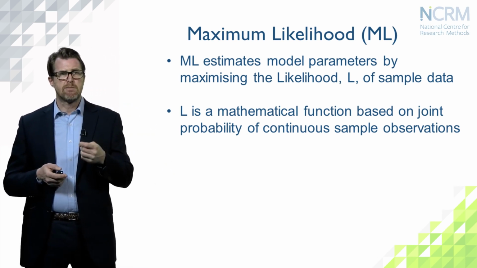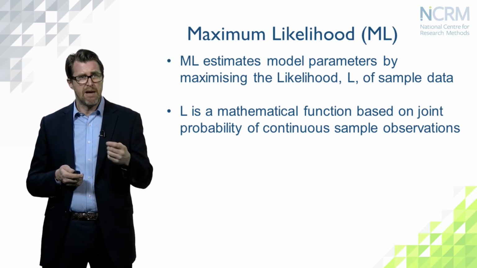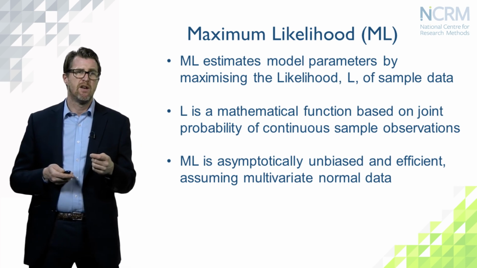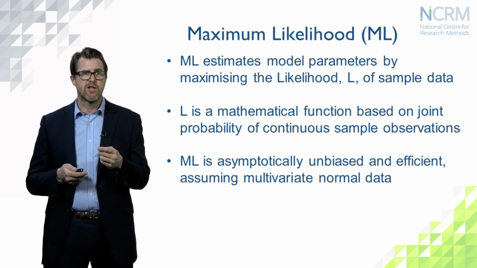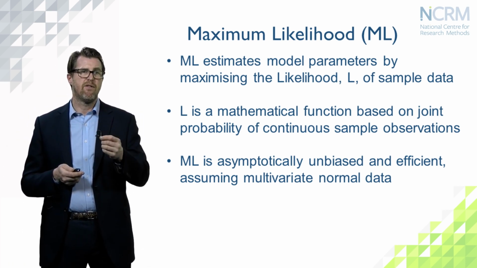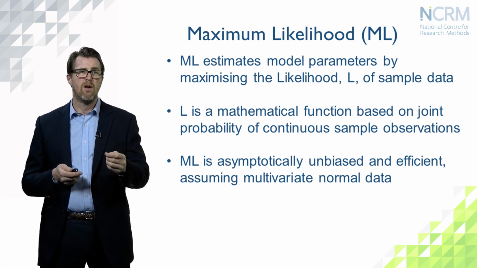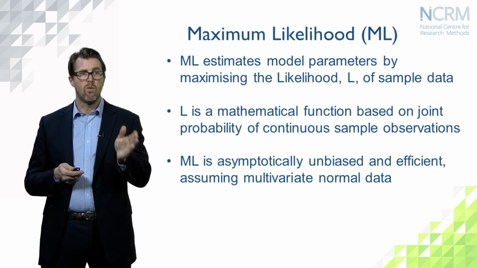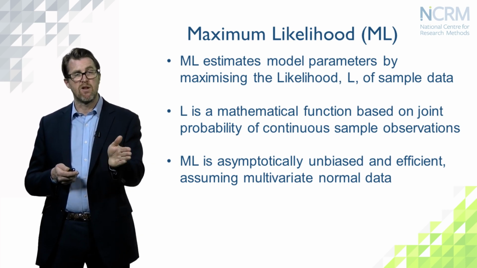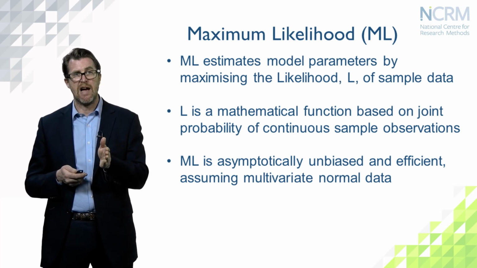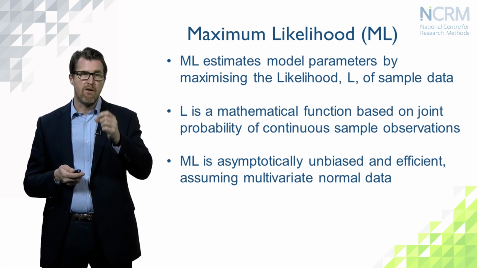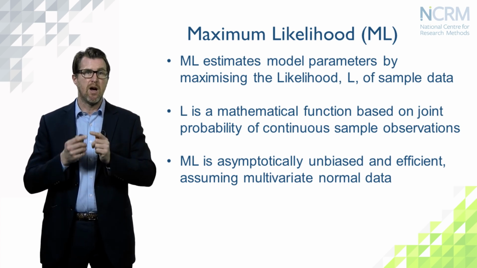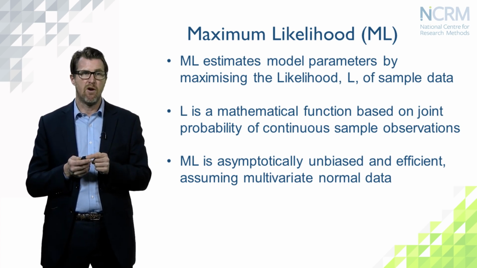Maximum likelihood is appealing because it is unbiased and efficient. What those terms mean is that if we have a large sample, then our estimates of the unknown parameters will be correct. They will converge upon the true values in the population.